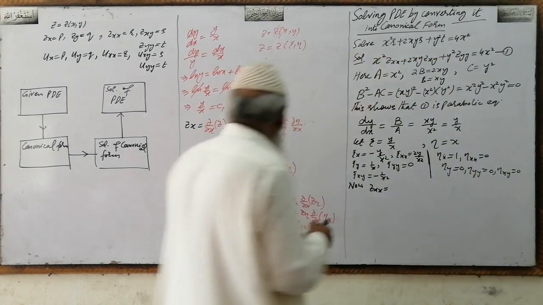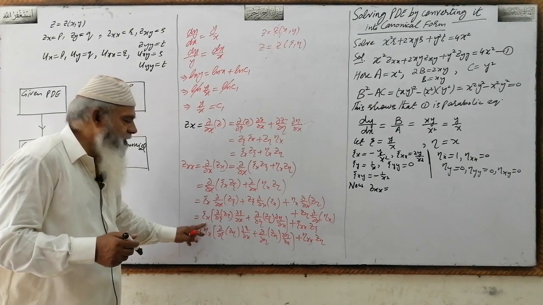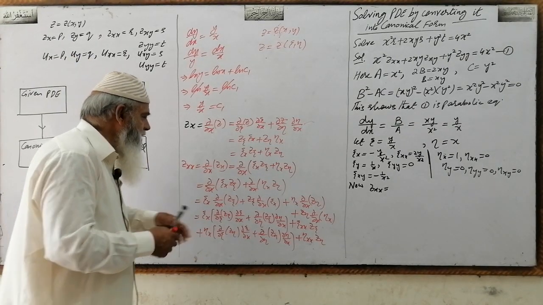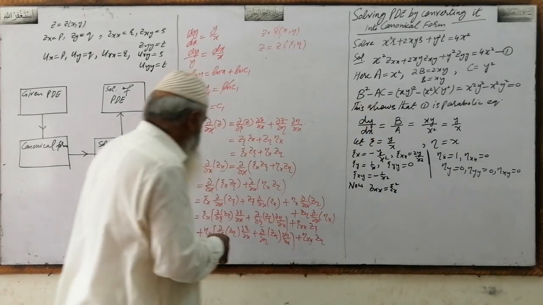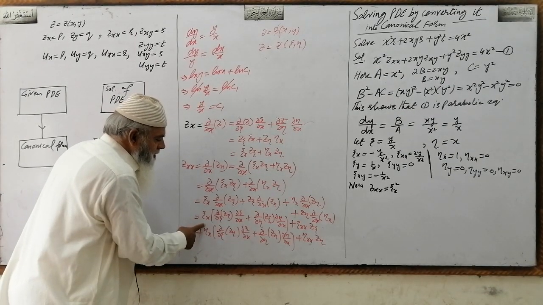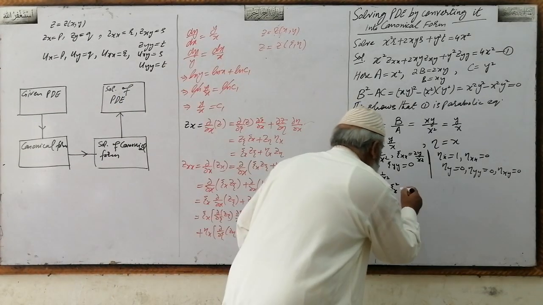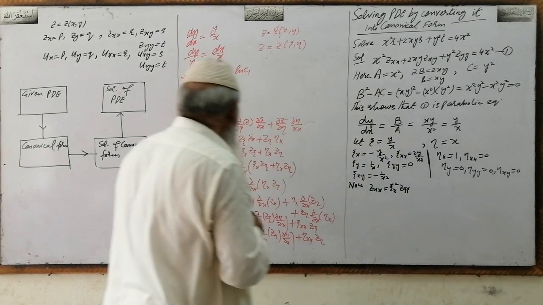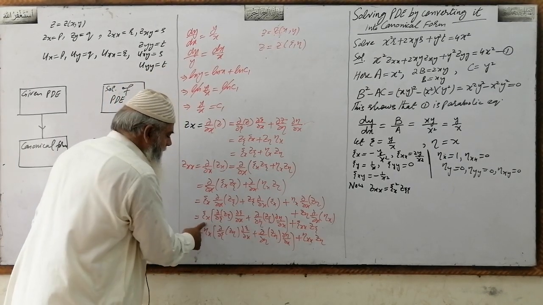What is z double x? Look at here. Z double x becomes, this is partial xi over partial x, and this is xi x. Means this will become xi double x, xi x square. This partial xi over partial x means xi x, and this is xi x. This will become xi x square, and this will become z double xi. Once again, here this is eta x and this is xi x.